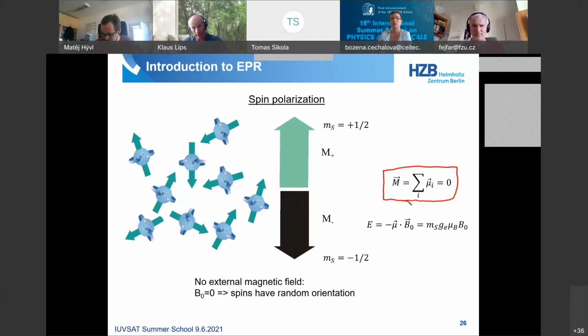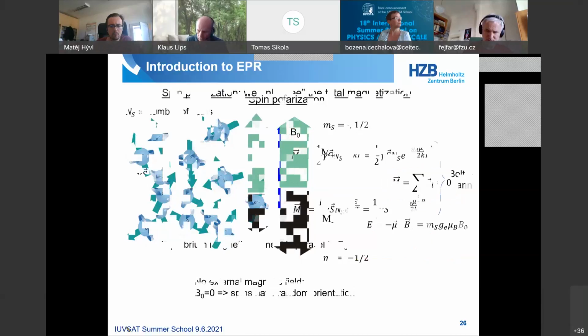Now, if we apply an external magnetic field, then the energy levels are lifted with respect to the magnetic quantum number, ms. Depending on whether it's ms minus 1/2 or plus 1/2, spin up or spin down, we get different energies. And that is the so-called Zeeman splitting that you might have heard of. It's called Zeeman splitting with one E. Okay, so let's look at what that Zeeman splitting is actually doing.